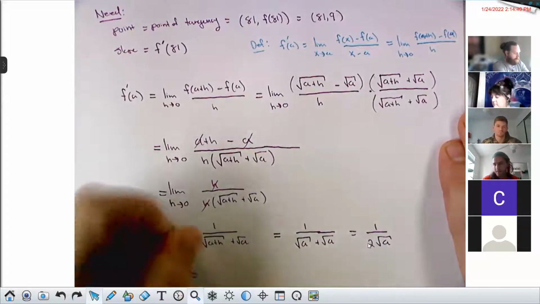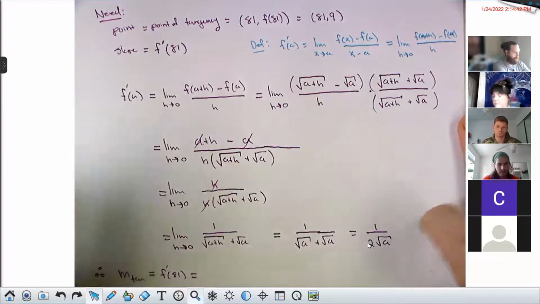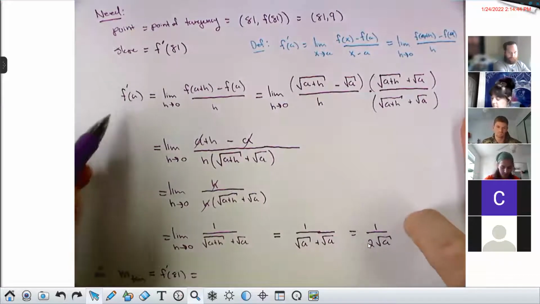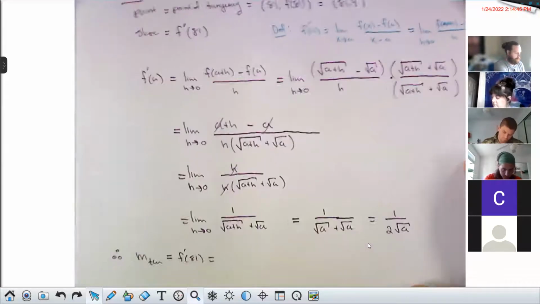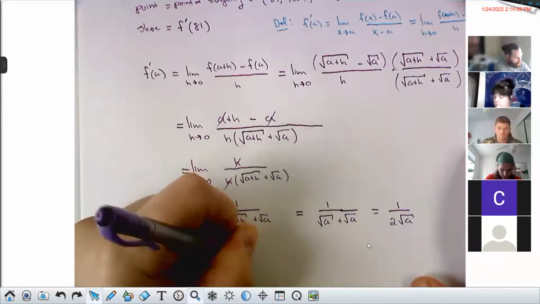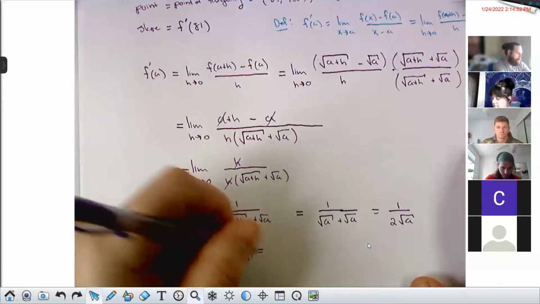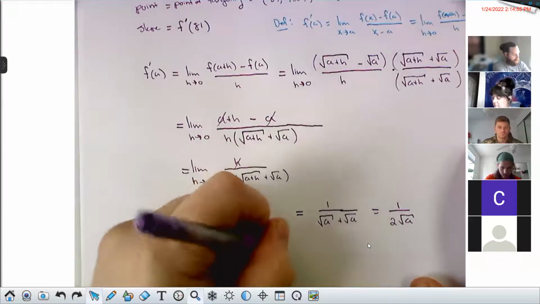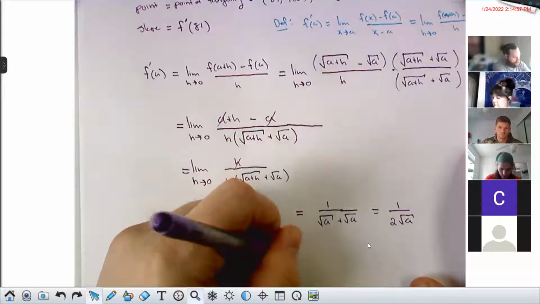So I plug 81 into this. This is f prime of a. So f prime of 81 is 1 over 2 times the square root of 81, which is 1 over 2 times 9, or 1 over 18.